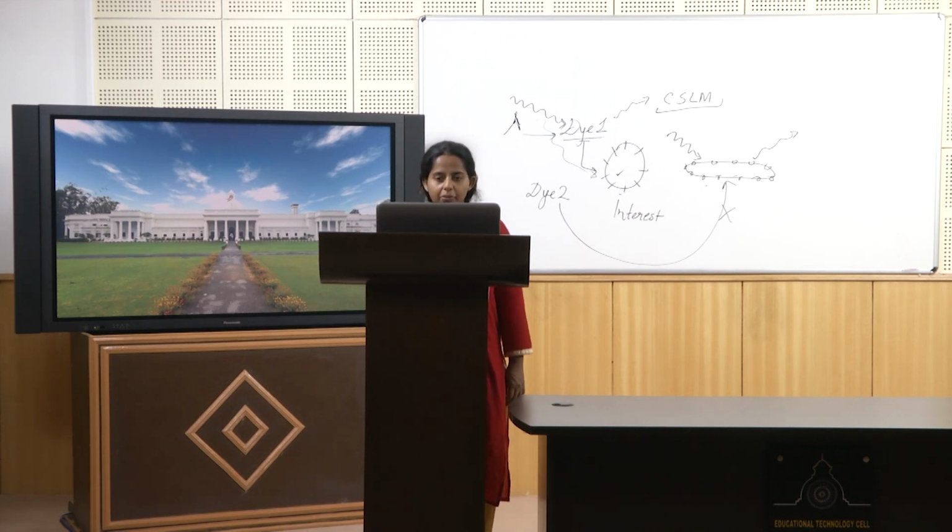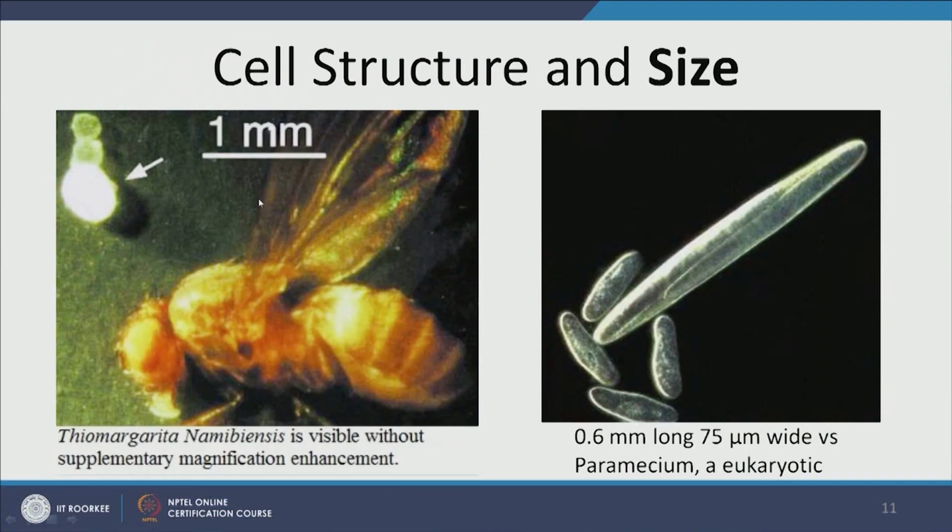Now, as we were talking about cell structure and cell size, I mentioned to you that very few prokaryotic cells are visible to the human eye. This here is a very famous insect that bites and stings, and on the left side you have Thiomargarita namibiensis, which is a microbe visible without magnification.